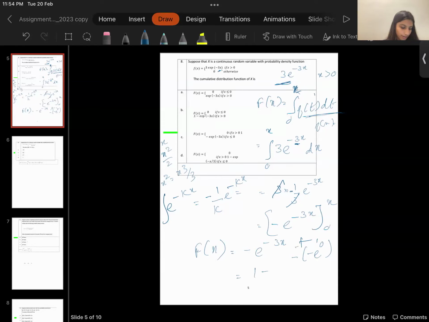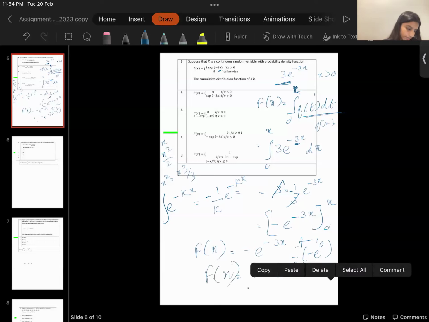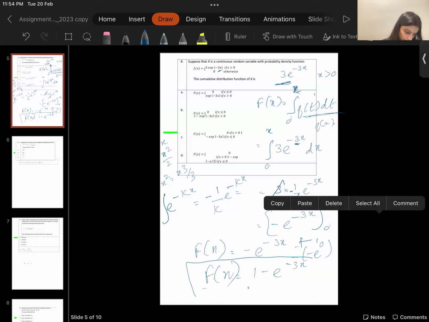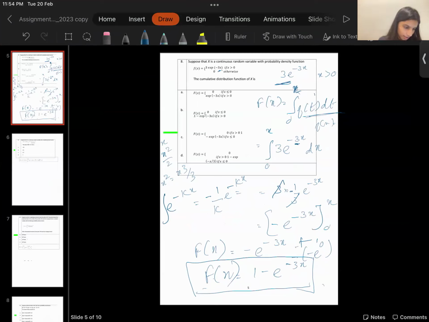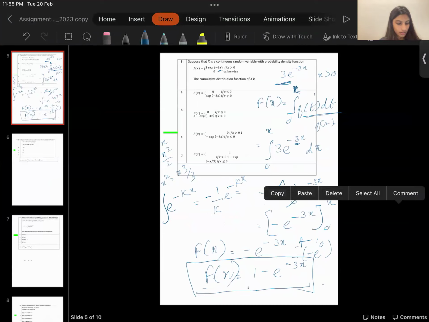So rewriting it, you write 1 minus e power minus 3x. So this is your CDF. F of x is equal to 1 minus e power minus 3x for x greater than 0.